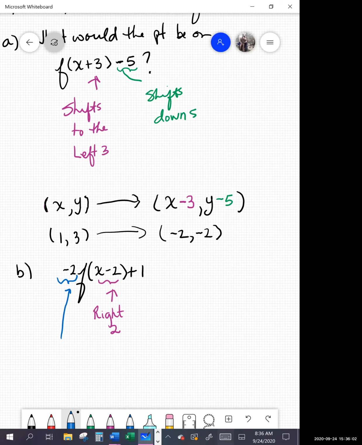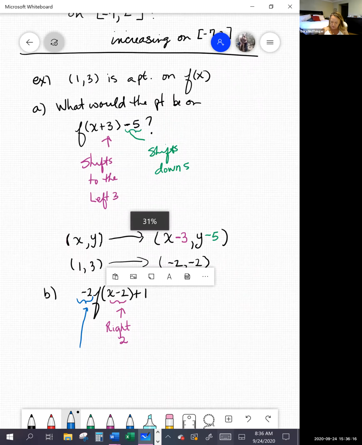X? Both. Isn't it a reflection over the x-axis? You're right that it is a reflection over the x-axis because of the minus sign.